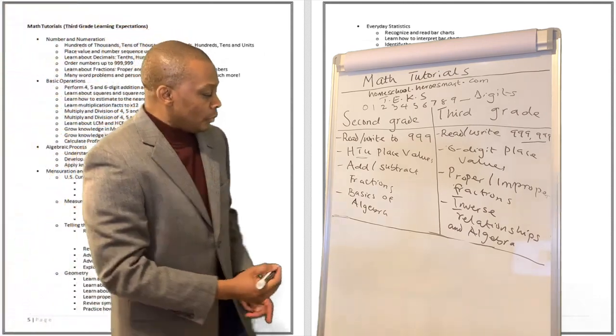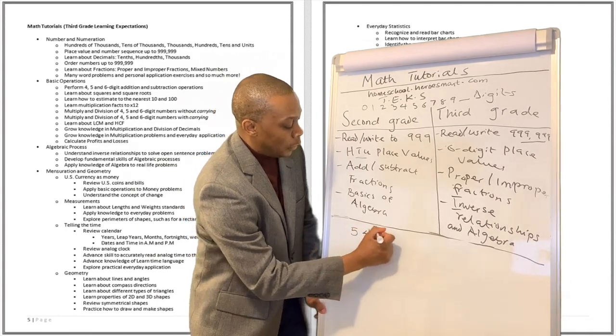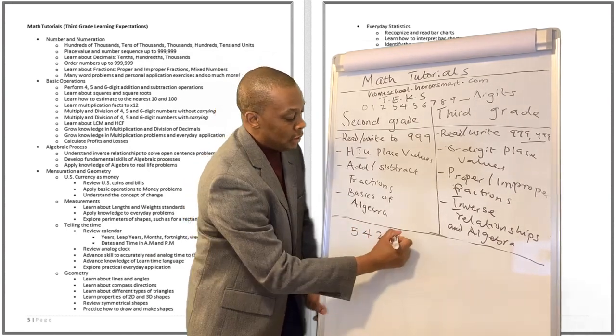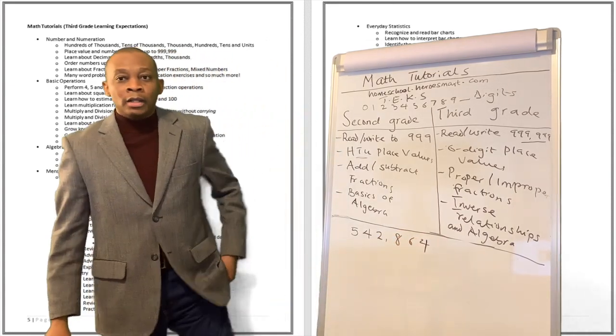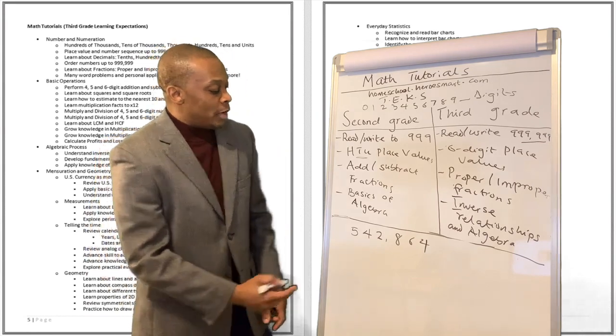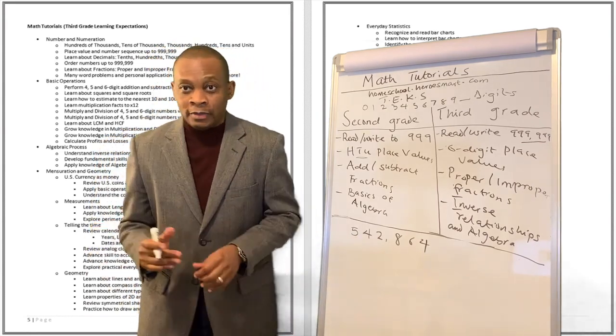Okay. So let's look at this number, 542,864. Well, you're gonna say, well, let's break this down into place values to start with. Okay.